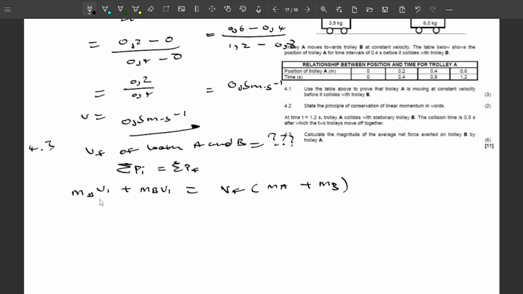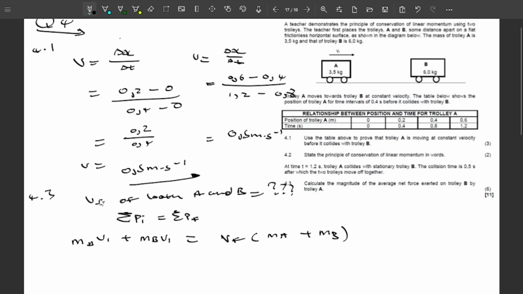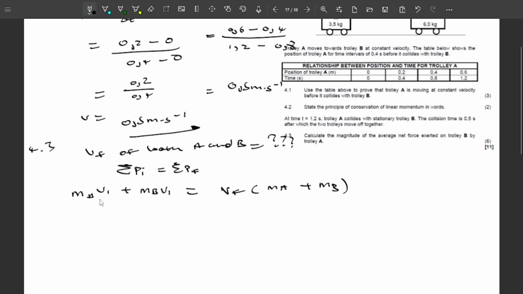Good. Now remember that B is stationary, so there's no need for us to calculate it, because its momentum is zero, because its velocity is zero, right? But for this one, it's 0.5 multiplied by the initial velocity that it had, which was 0.5.